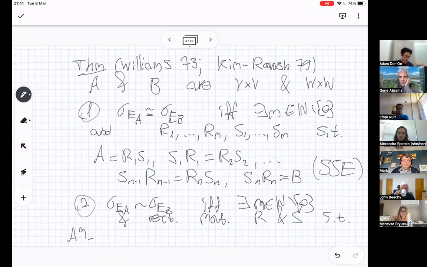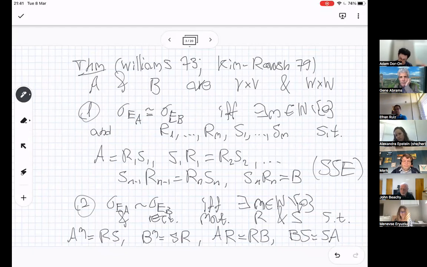A to the M is RS, B to the M is SR, AR is RB, and BS is SA. So this is the one that has an algorithm that terminates.